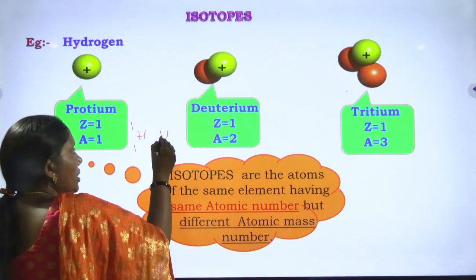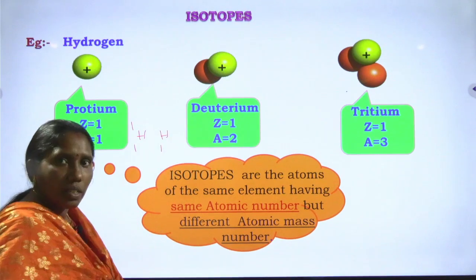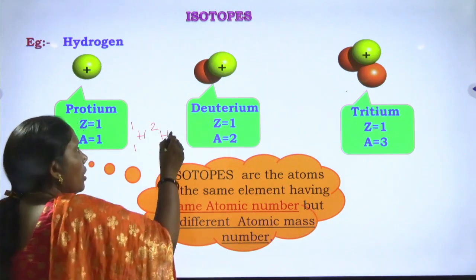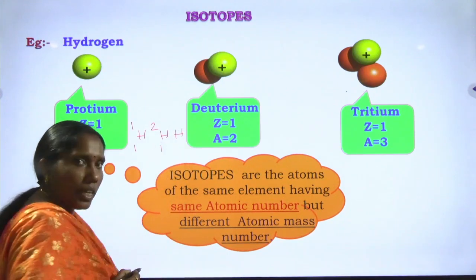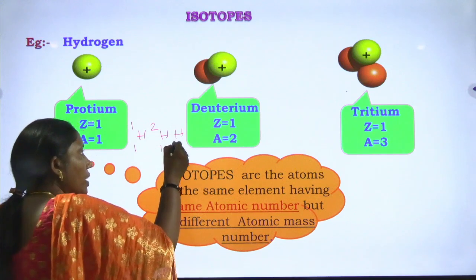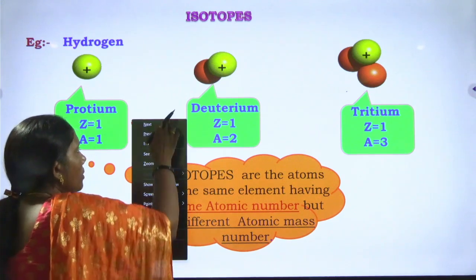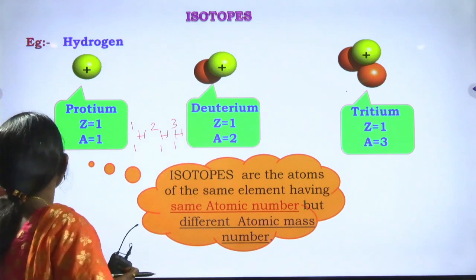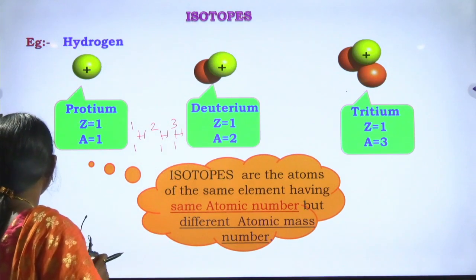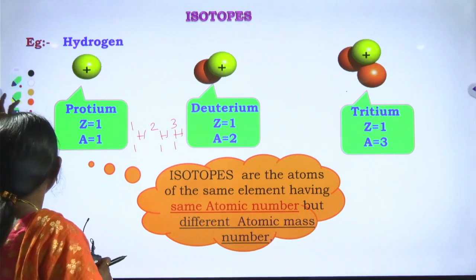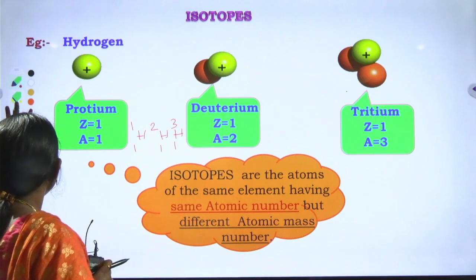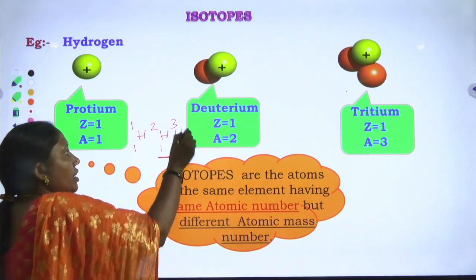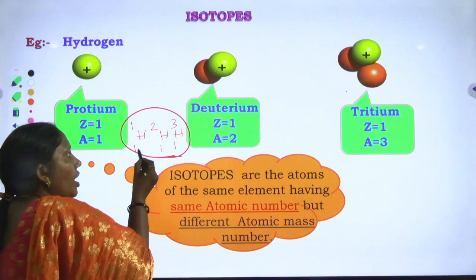Deuterium, hydrogen, has atomic number 1 but mass number 2. Tritium is represented as H, the same element, with atomic number 1 but mass number 3.